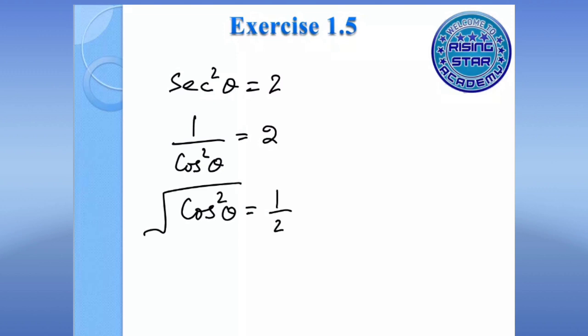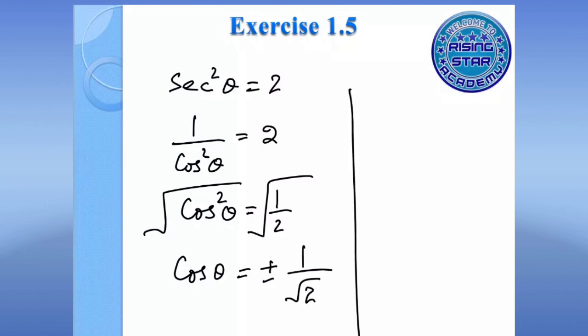Now we'll take the square root on both sides. So we have cos theta is equal to plus or minus 1 over square root of 2. Now we will simplify cos theta with positive 1 over square root 2 and with negative 1 over square root 2. So cos theta is equal to 1 over square root of 2.